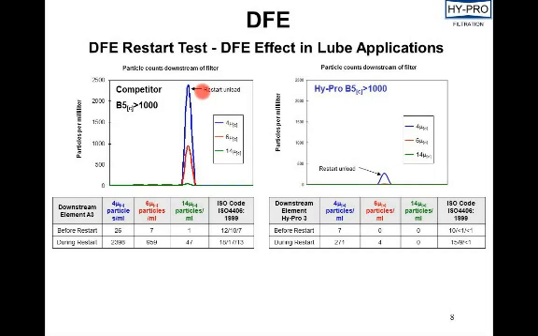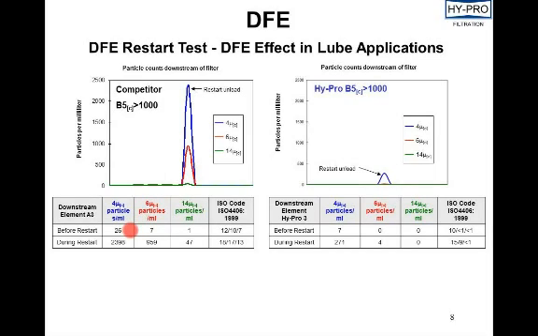So in this case, just looking at the 4 micron sub-C channel, the blue line, this element that was previously validated to ISO 16889 releases almost 2,500 particles per milliliter downstream of the filter. So during this test, that same filter element would only release 26 particles per milliliter.